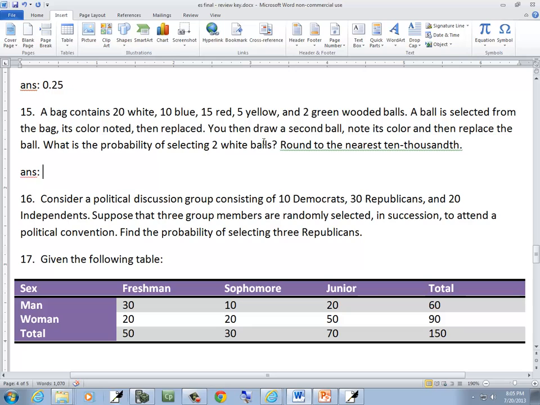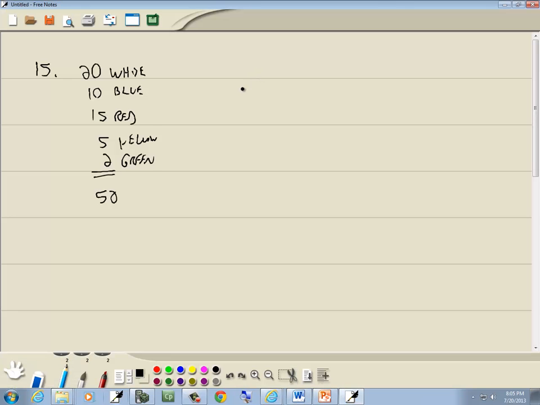What's the probability of selecting 2 white? So first one's going to be white, and the second one will be white, with replacement. Now, first one's white and second one's white, and is multiplication. So it's 52 total. There's 20 white. I pull one of them out, I'll look at it, say, okay, it's white, and I put it back in. So there's 52 again, and 20 of them are white.